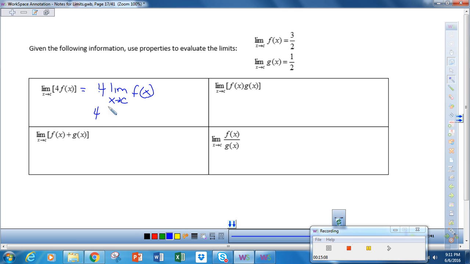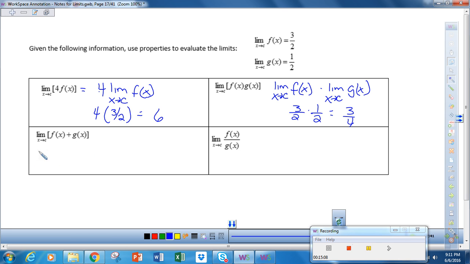And we know that limit is 3/2, so therefore this is 6. I hope my math is right. Okay, again, we can write the product as the limit of f of x times the limit of g of x, which would be 3/2 times 1/2, which is 3/4.